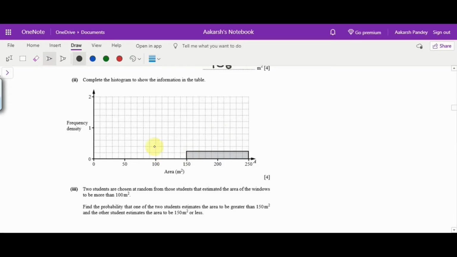The frequency density, if you see, is somewhat above 0.2 because I had a range for that group as 100. Frequency density is frequency divided by the range of the given group, 24 by 100.